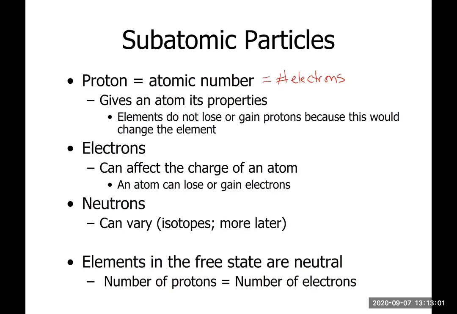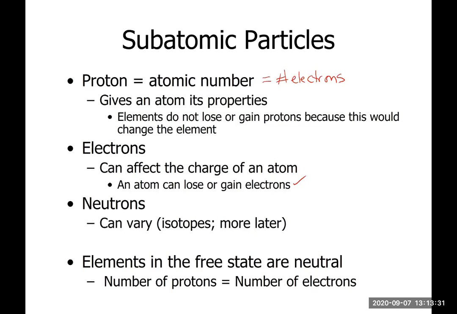But even with nuclear chemistry, if an elemental atom loses or gains protons, it becomes a different element, a completely different substance. So when we talk about chemical reactions at this level, again, excluding nuclear chemistry, we're talking about gaining or losing electrons. And it is a gain or loss of electrons that causes a chemical reaction to occur.